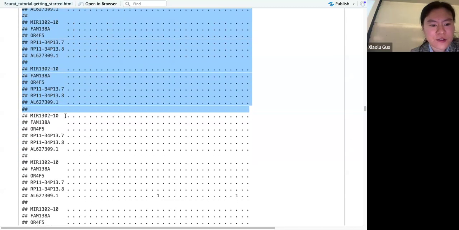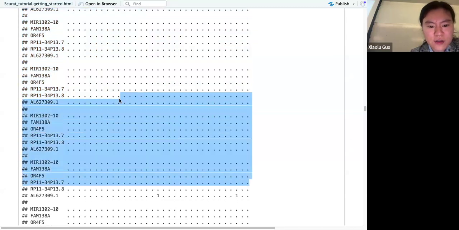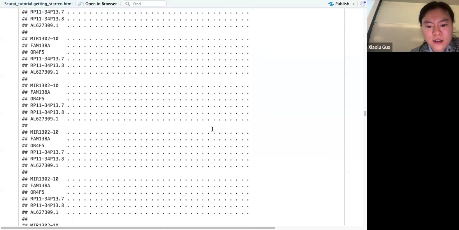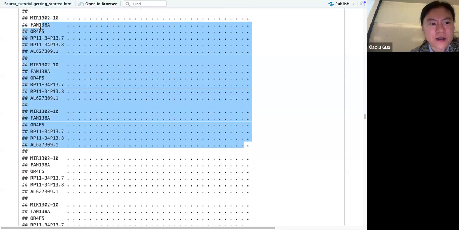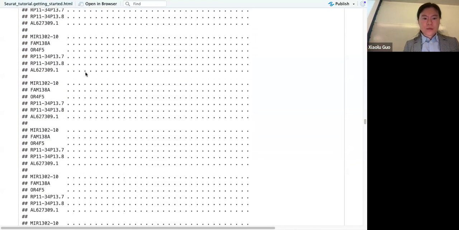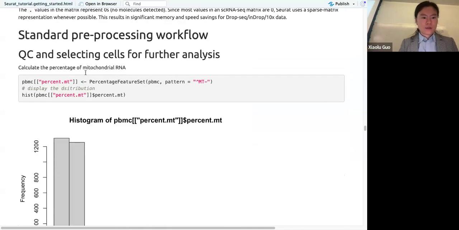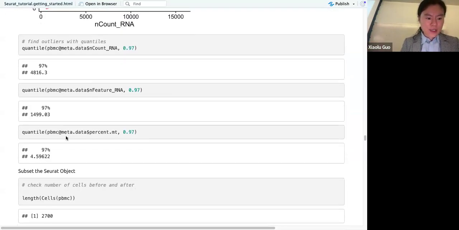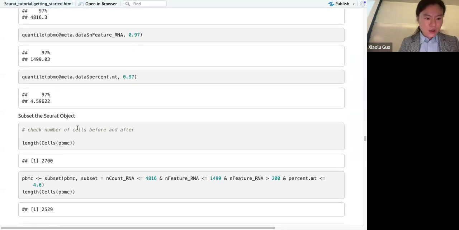All of these are zeros, and you occasionally see some ones. So it's a very, very sparse matrix. You can imagine the original data is like this.